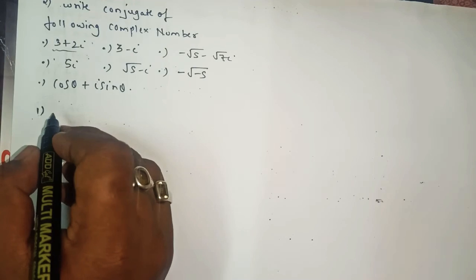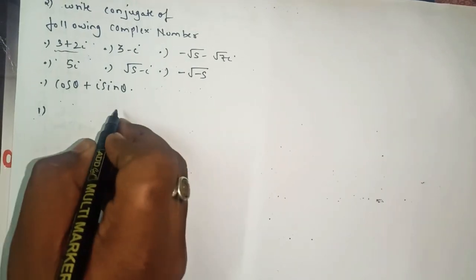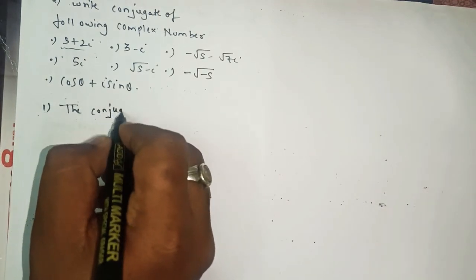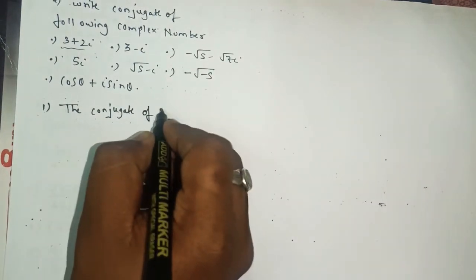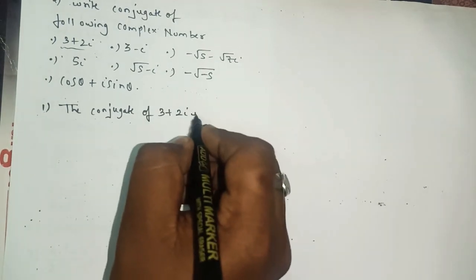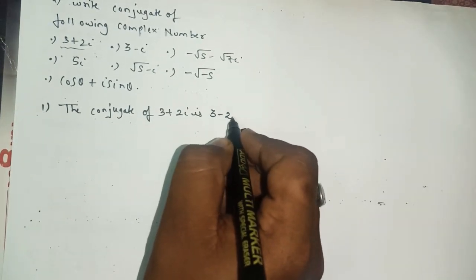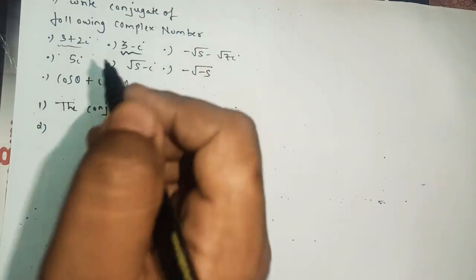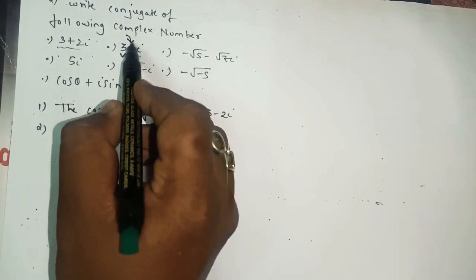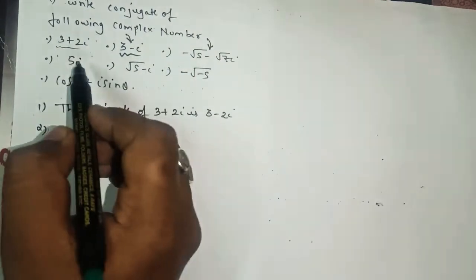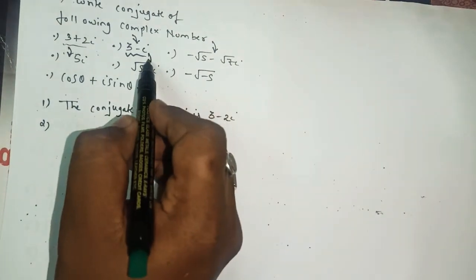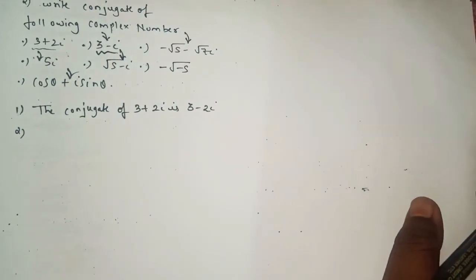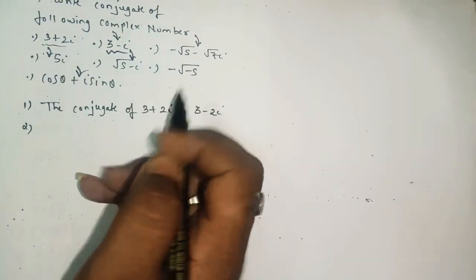You will write the sentence like this: the conjugate of 3 plus 2i is 3 minus 2i. So in this way you will write your answer. So directly I will write the answer now. Simply you have to change the symbol of i. So here for the first sum, the conjugate of 3 plus 2i is 3 minus 2i.